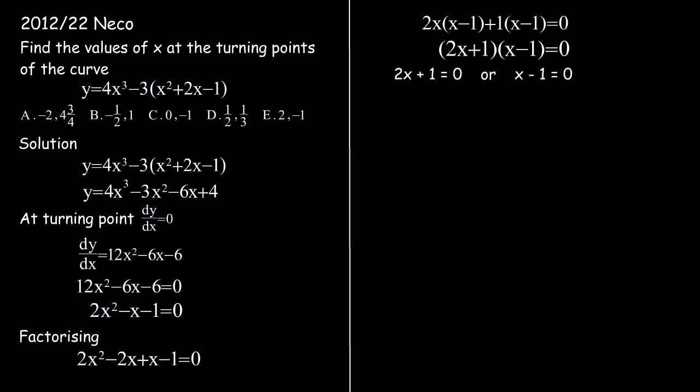At this point 2s plus 1 will be equal to 0, or s minus 1 will be equal to 0. Therefore 2s will be equal to minus 1, or s is equal to 1. Simplifying 2s equals minus 1, s will be equal to minus 1 over 2. Now our turning points are therefore minus 1 over 2 and 1, and our final answer is B.